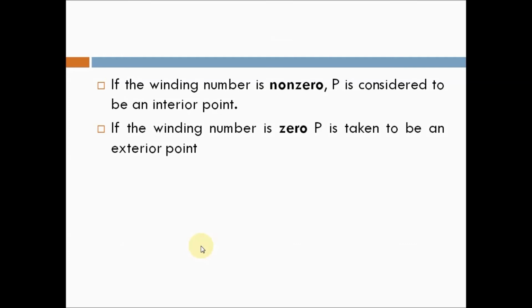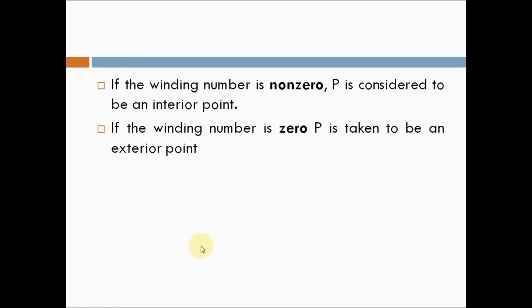And one more important thing you have to remember here: if the winding number is non-zero, the number can be negative also, the number can be positive also, but it should not be equal to 0. If that is the case, then the region is considered as interior.